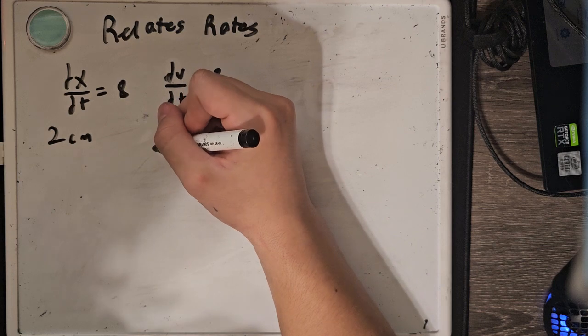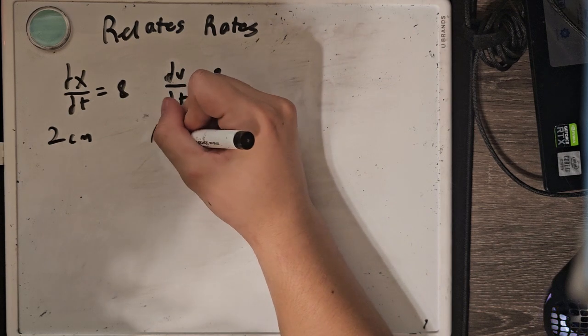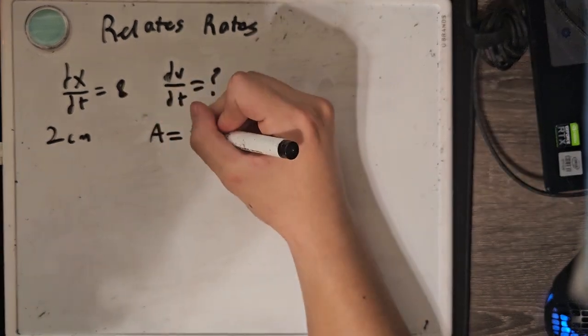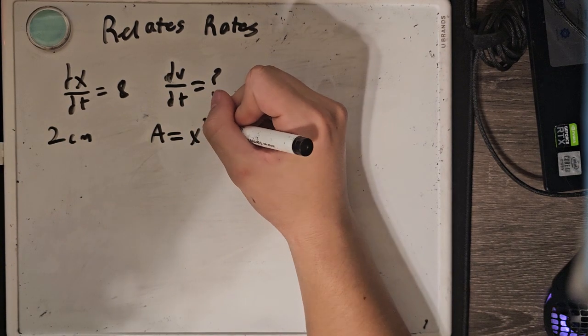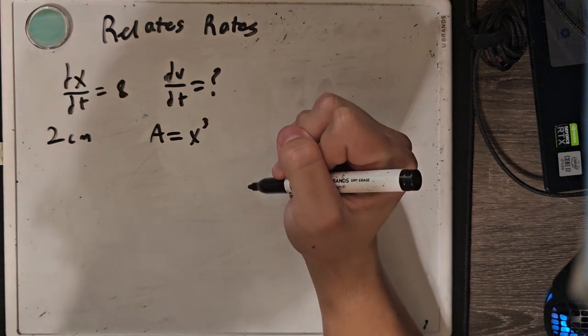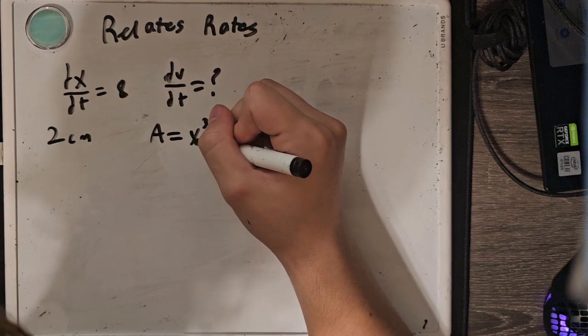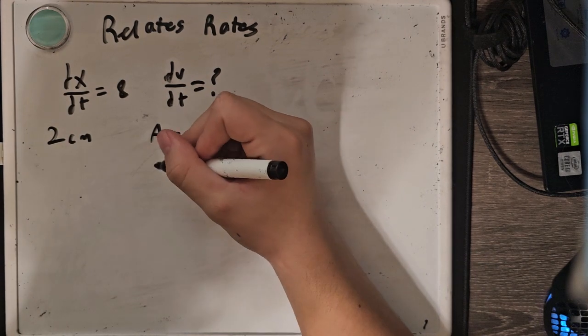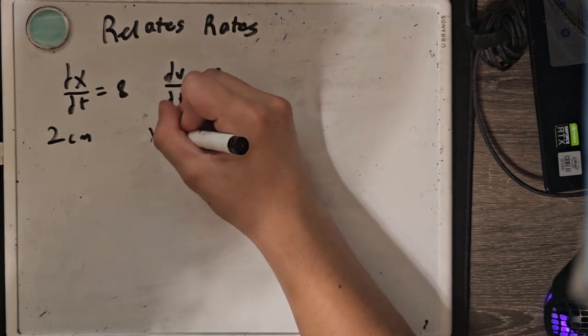Since it's a cube, all sides are the same, so V equals x cubed.